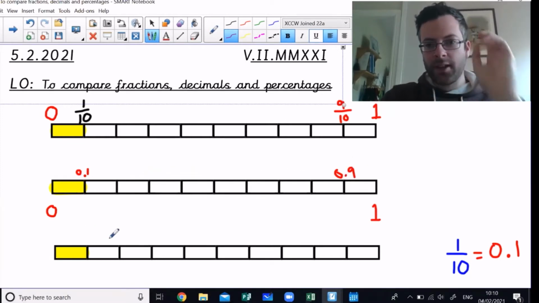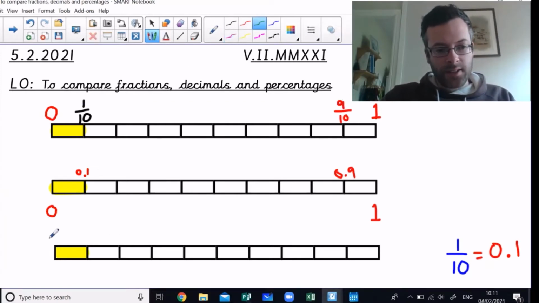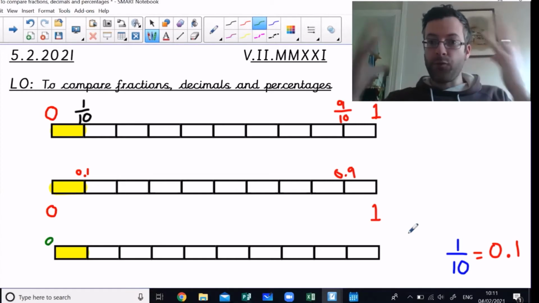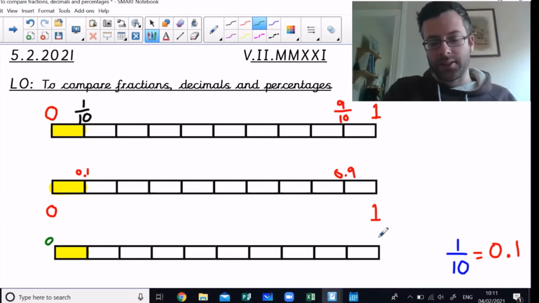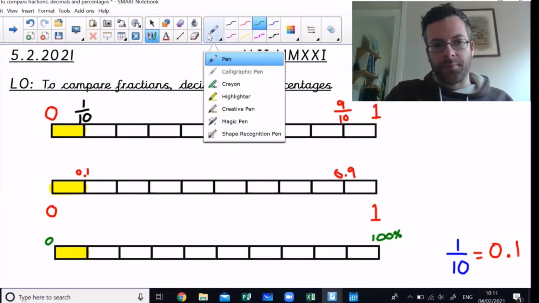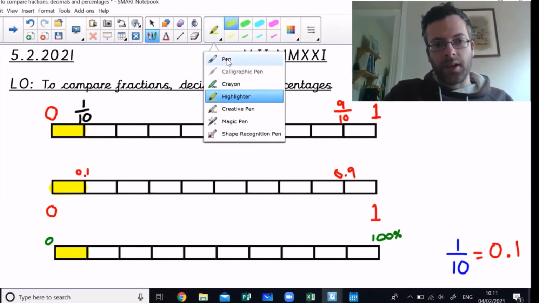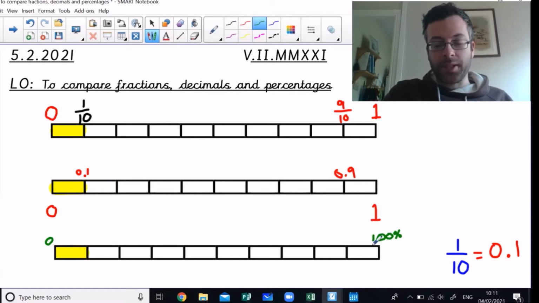Now when we think about percentages, what we are saying is that down at this end we've got 0, and then a full whole is 100%. Okay, so if I'm highlighting this little bit again, then we're splitting this 100% into 10 parts here, and hopefully if you split 100 by 10, you'll agree with me that it's 10%, okay?